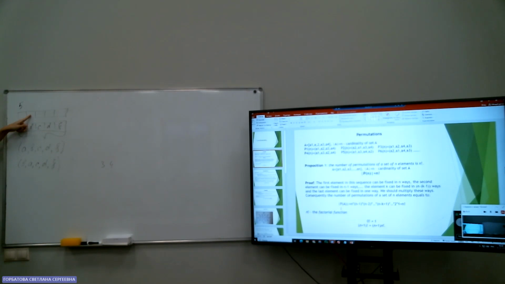Then the second box can be filled n minus 1 elements.